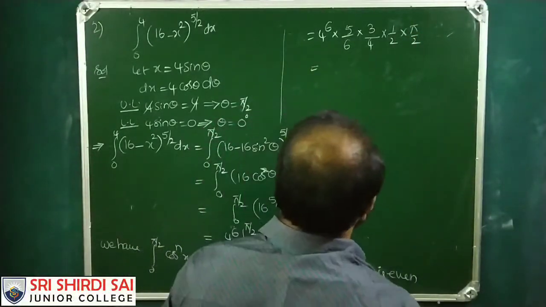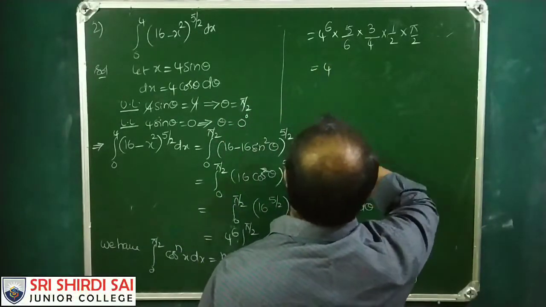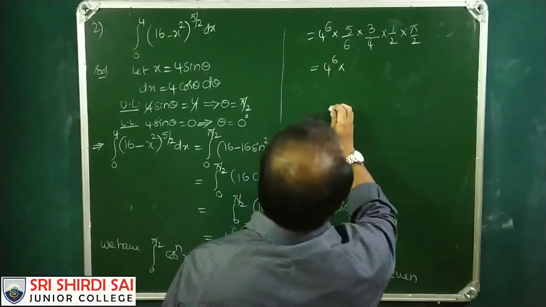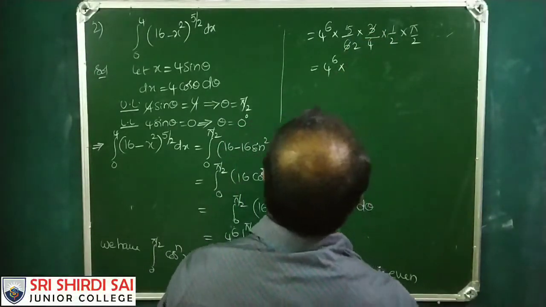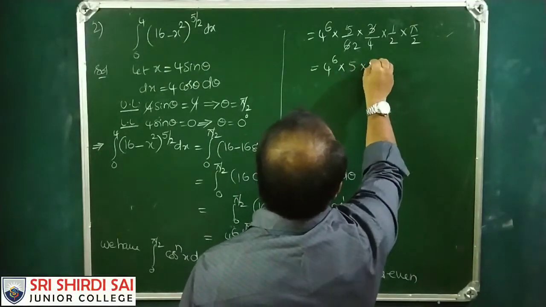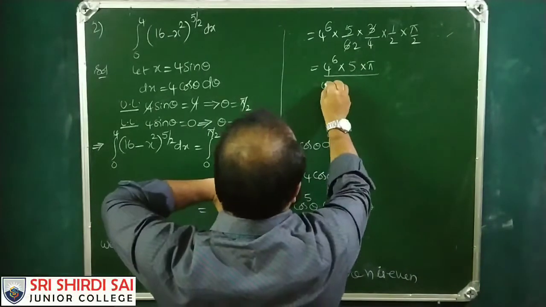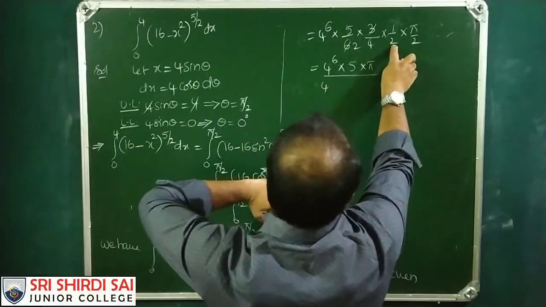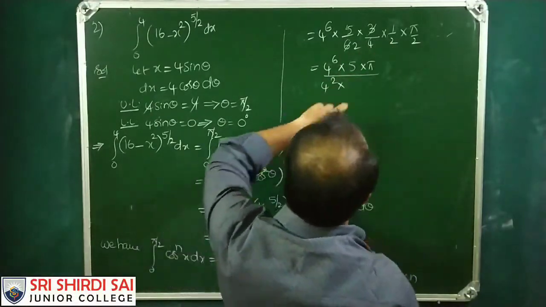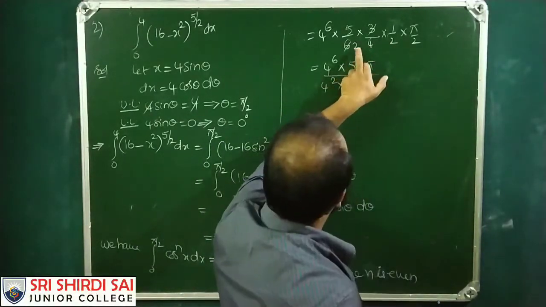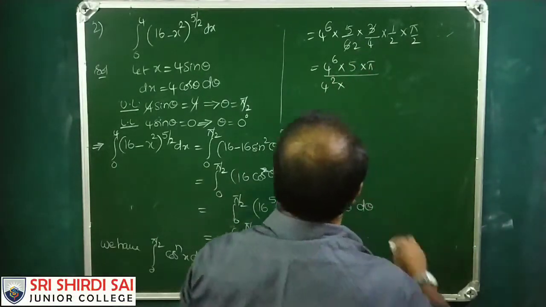So 4 power 6 into 5. This 3 will be cancelled in 2 times. So into 5 into pi by 4. 2 2s are 4. So 4 into 4, so 4 square into 2.